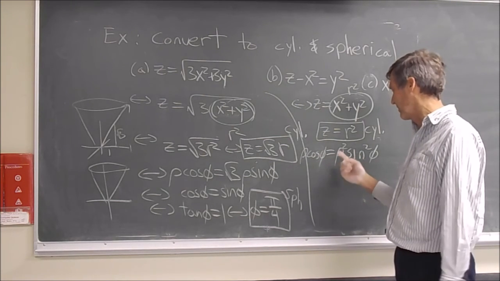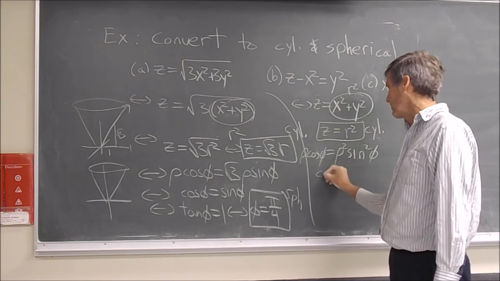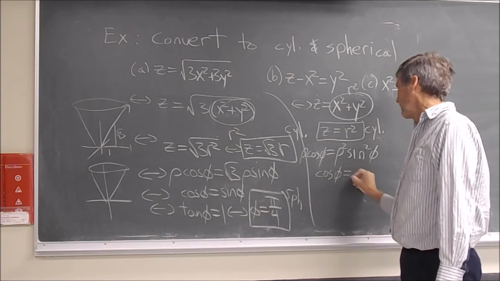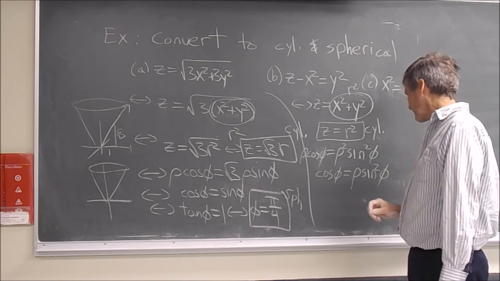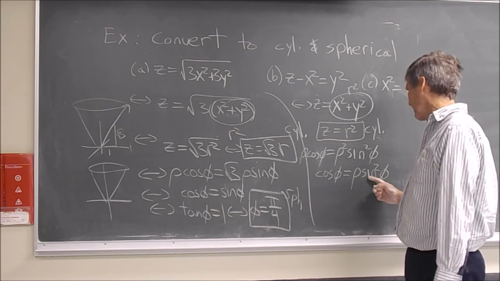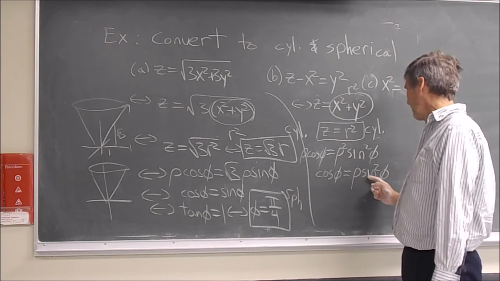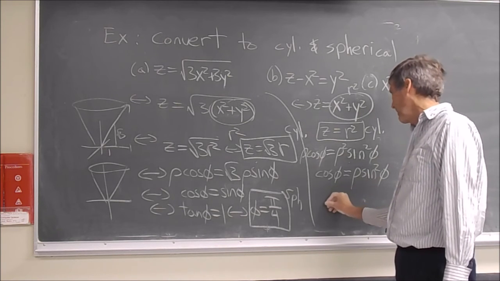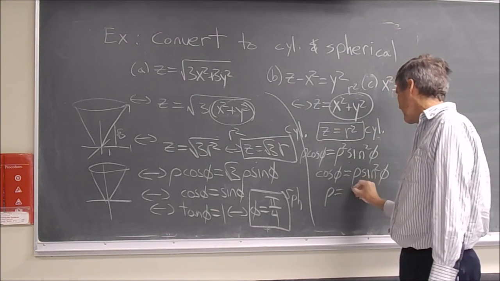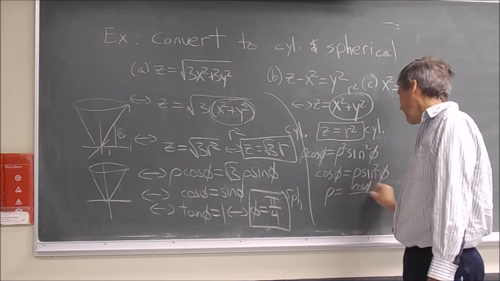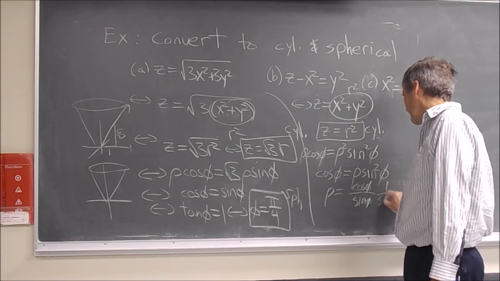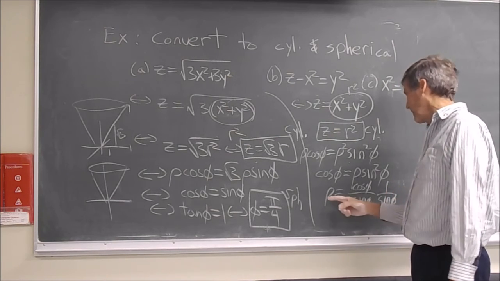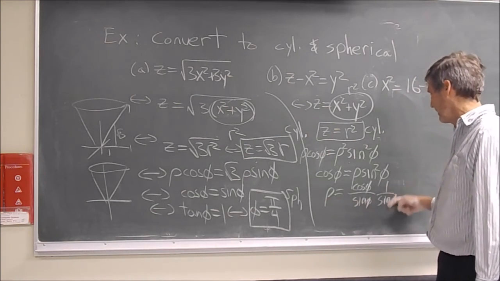The origin will still be a solution, so we'll say this is cosine phi equals rho sine squared phi. Sometimes people like to write this with rho as a function of phi and theta, so you might write this as rho equals cosine phi over sine squared phi, and if I write sine squared phi as sine phi times sine phi, I recognize this as rho equals cotangent phi cosecant phi.